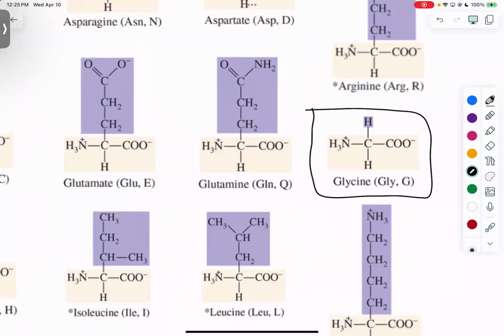If you look at glycine, the R group is exactly the same thing as the hydrogen that comes off of the alpha carbon in the backbone. So do I have a carbon that has 4 different things attached to it? No. So that makes glycine achiral. Every other amino acid on this whole sheet is chiral.